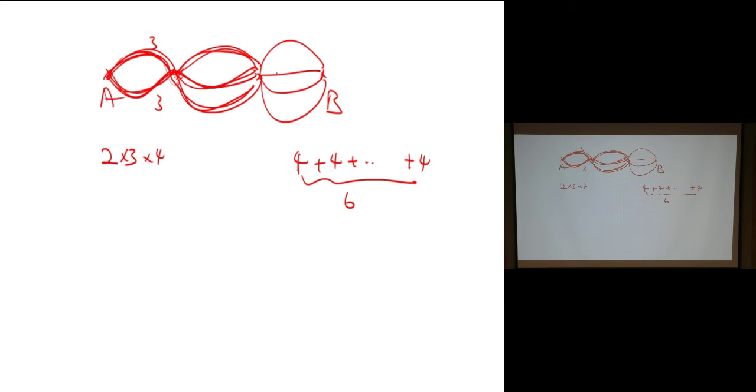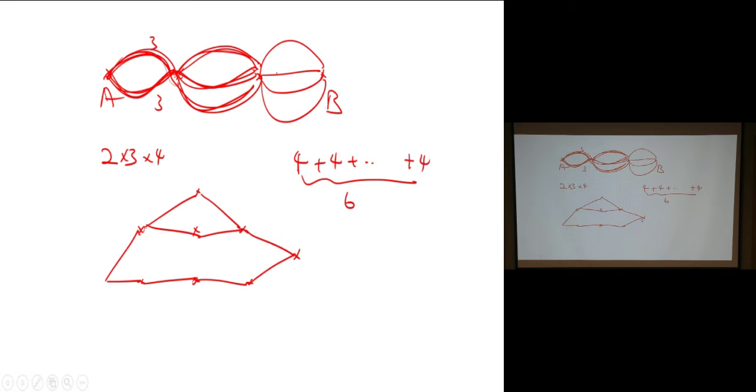But if I go from here to here, finally we arrive here.